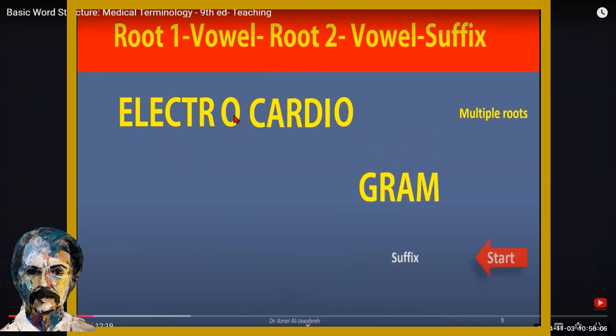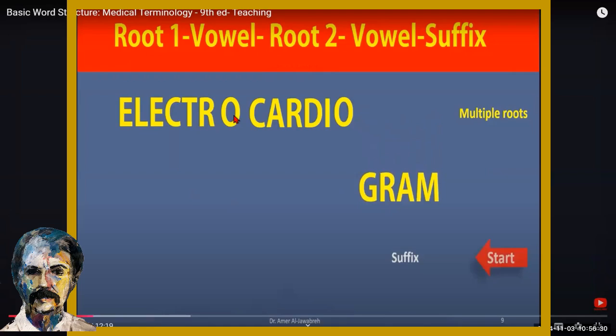We have two roots, elect, and cardi. The I is part of the word. So elect and cardi. And you have at the end gram or graph. What's gram? Exactly. A report or just a figure, image, gram.